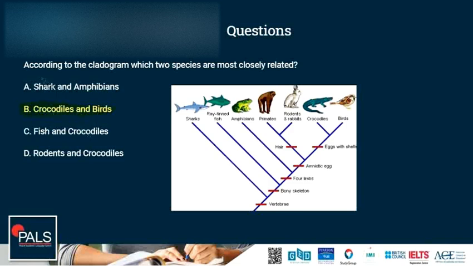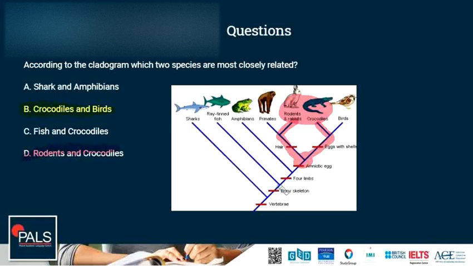Another answer that you might have fallen for is answer D, which is not correct. We can see in answer D, rodents and crocodiles are next to each other up here, but their common ancestor going back in time is down here with the amniotic egg.